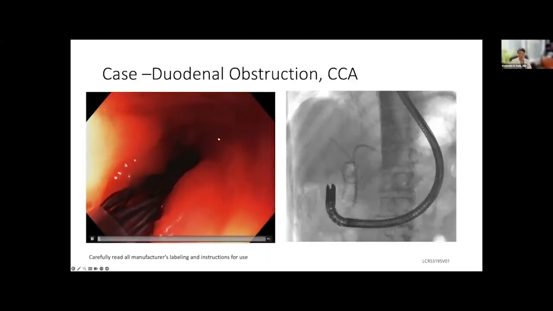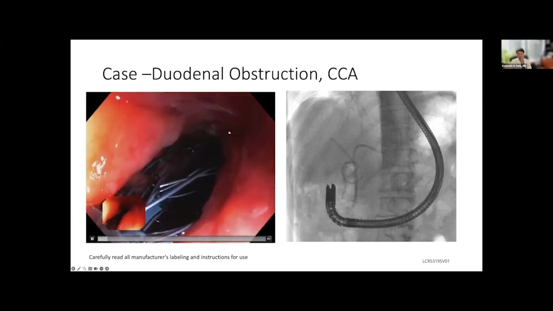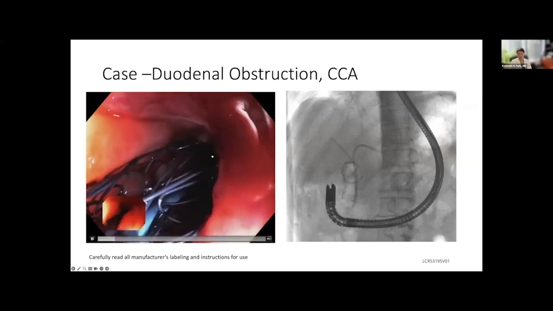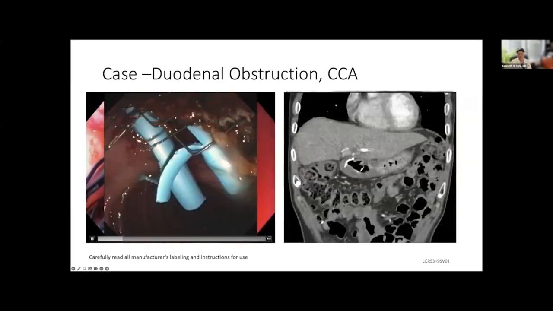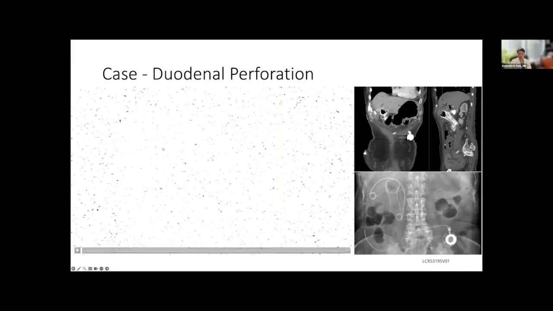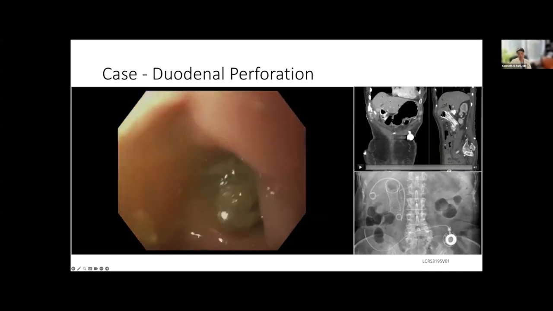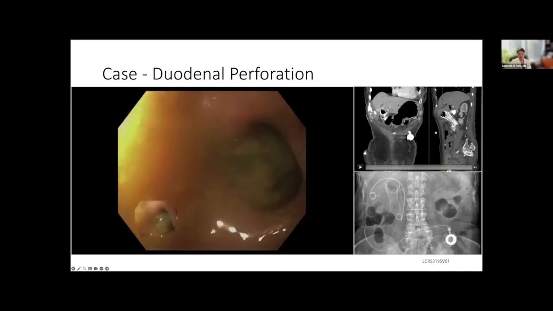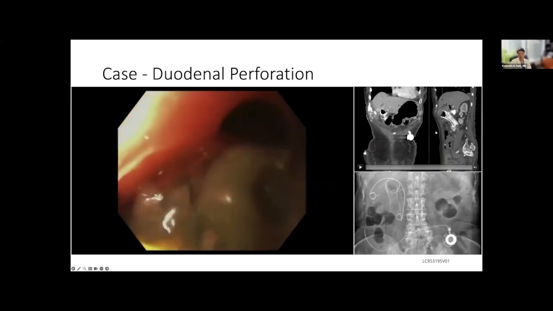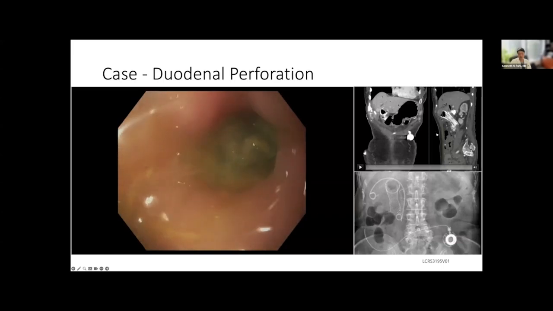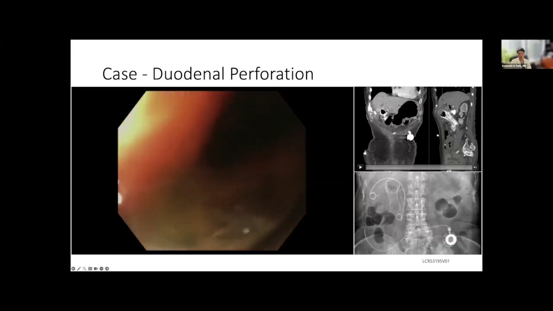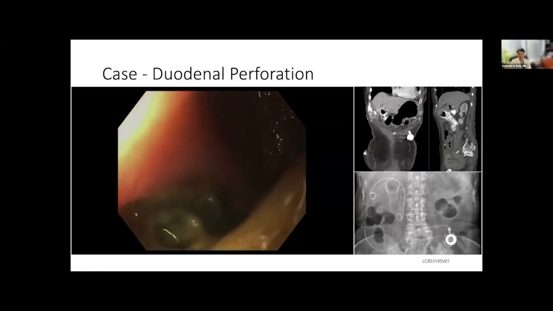So I'll show you, this is not a case on how to treat a duodenal obstruction, but rather what could happen when you place a high axial force stent into the duodenum without really thinking ahead.